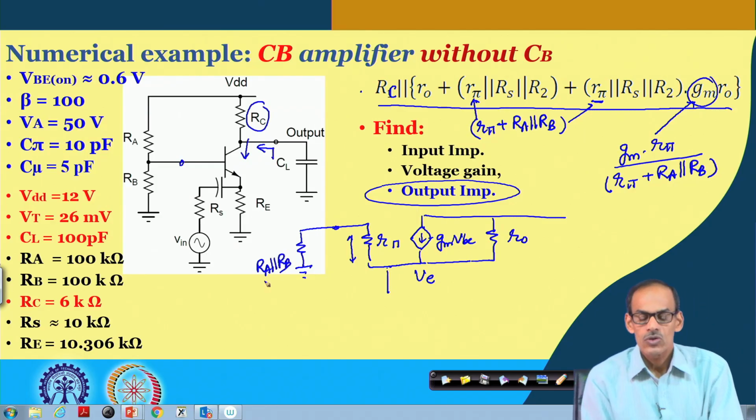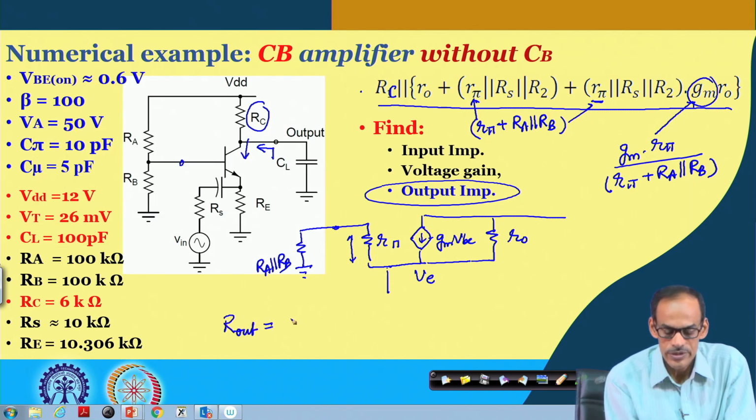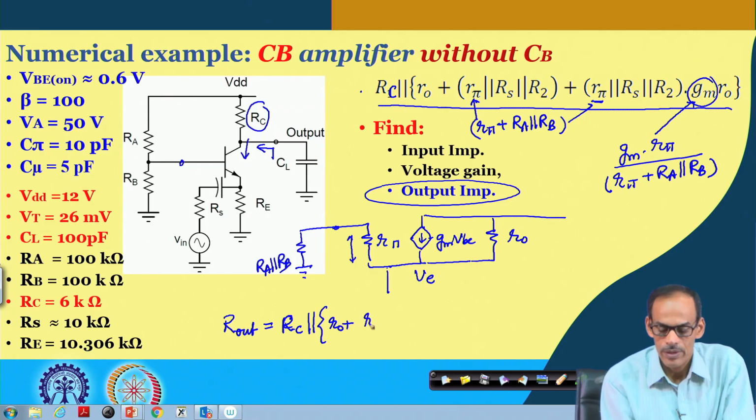So, that is how we can get the corresponding output impedance. This is Rc in parallel with whatever we said, R naught plus R pi plus Ra in parallel with Rb.